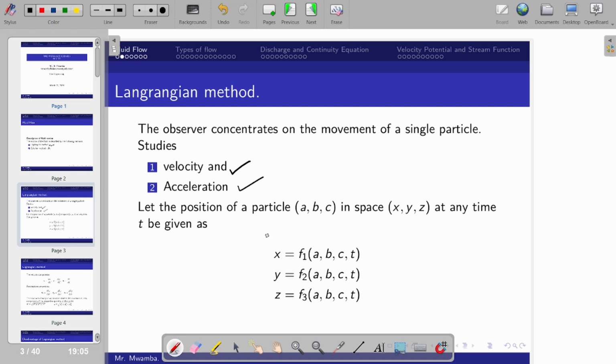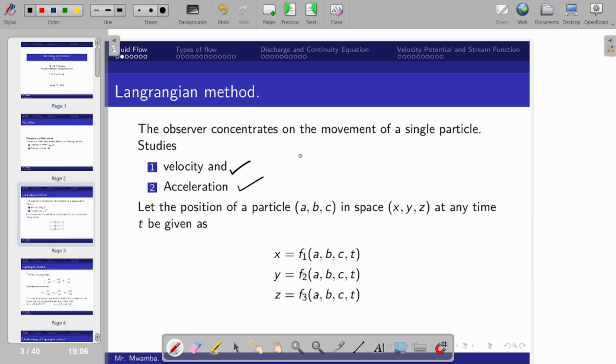And remember, there's a relationship between velocity and acceleration. Velocity is the rate of change of displacement with respect to time. Then acceleration is the rate of change of velocity with respect to time.